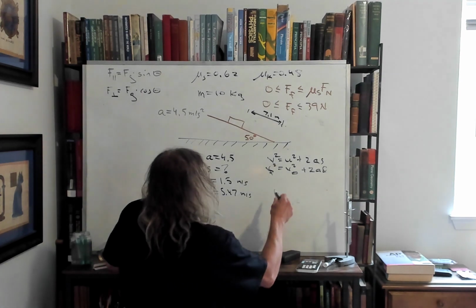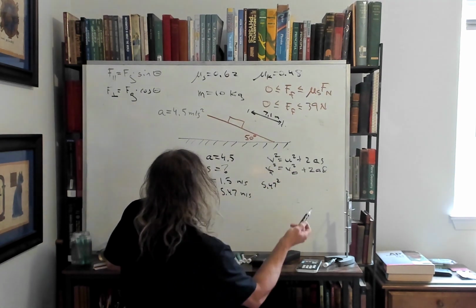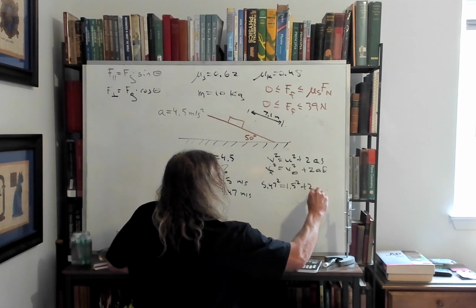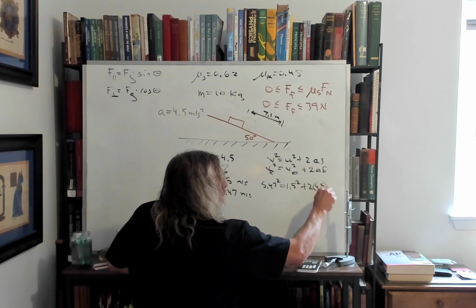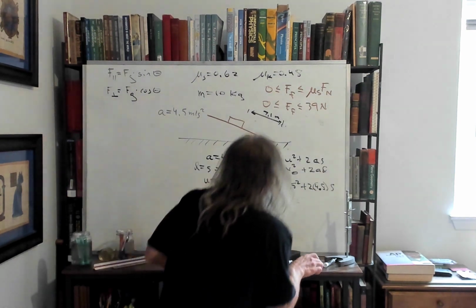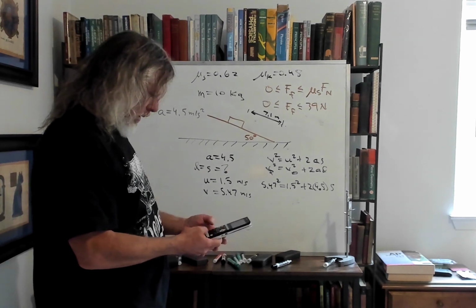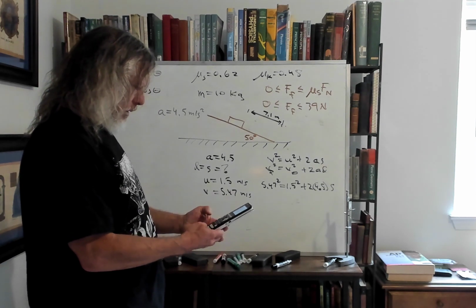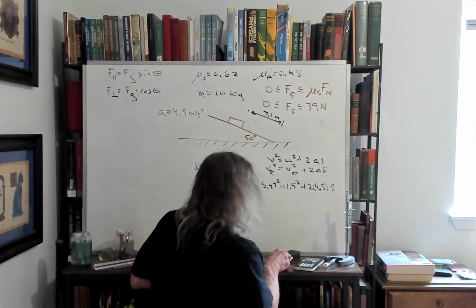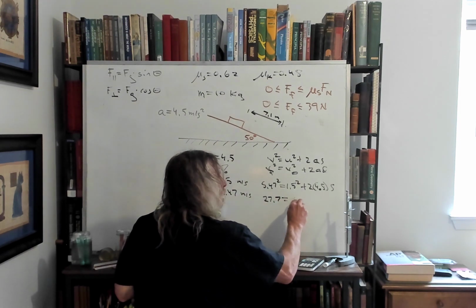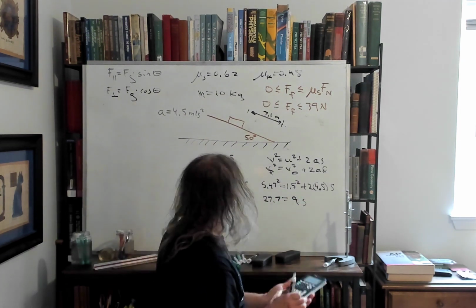And then we solve, and we get 5.47 squared equals 1.5 squared plus 2 times 4.5 times S. Then we work it out. 5.47 squared minus 1.5 squared equals approximately 27.7, equals 9S, because 2 times 4.5 is 9.